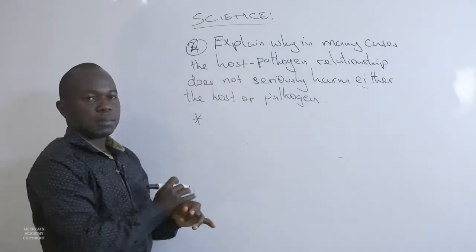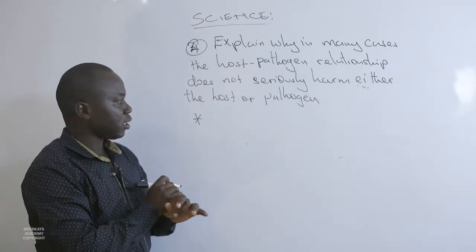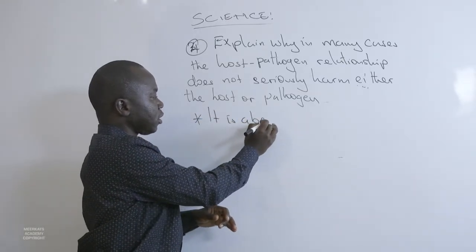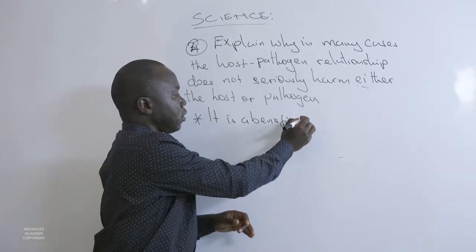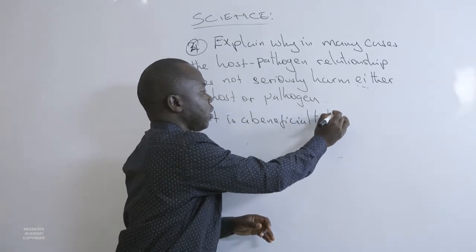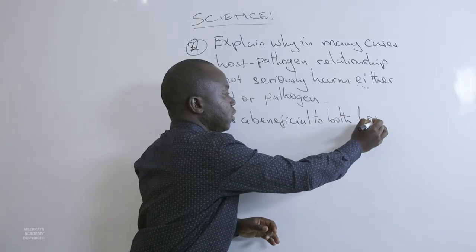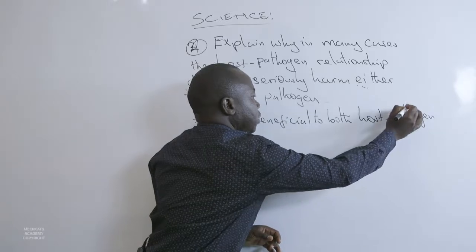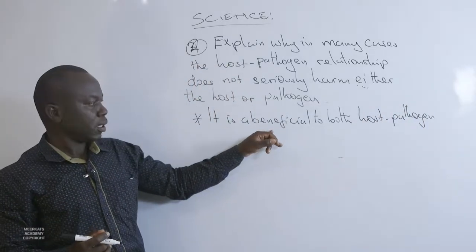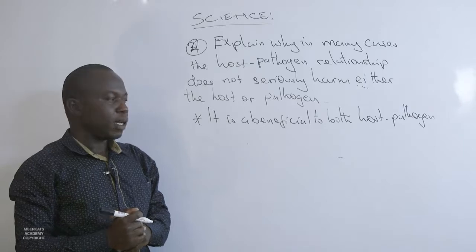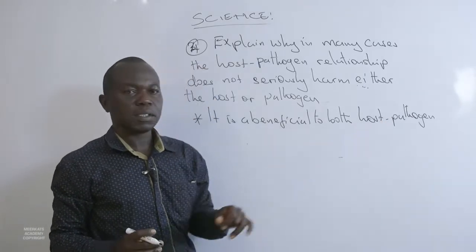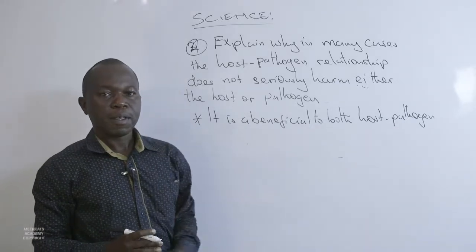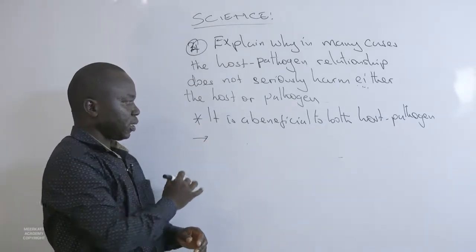This is important because it's a beneficial relationship to both host and pathogen. So the question is, how does it become beneficial? And we already said that the pathogen causes diseases to the host. So let us find out how the pathogen can benefit from this.